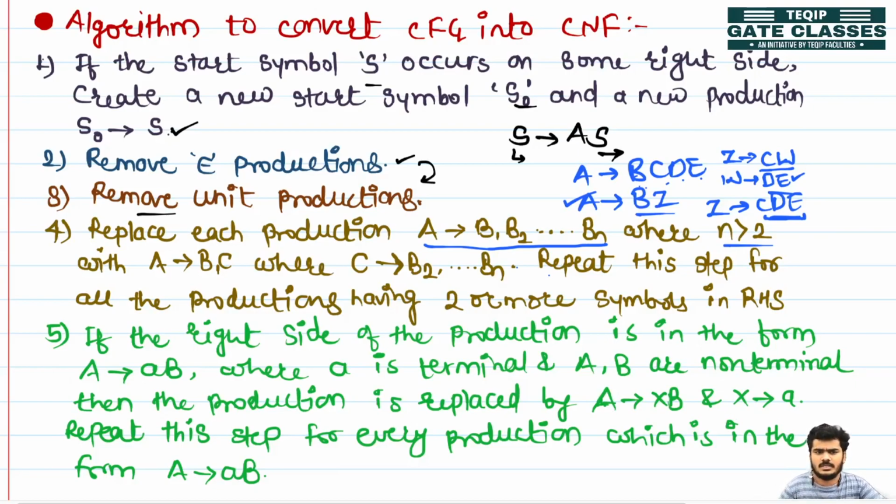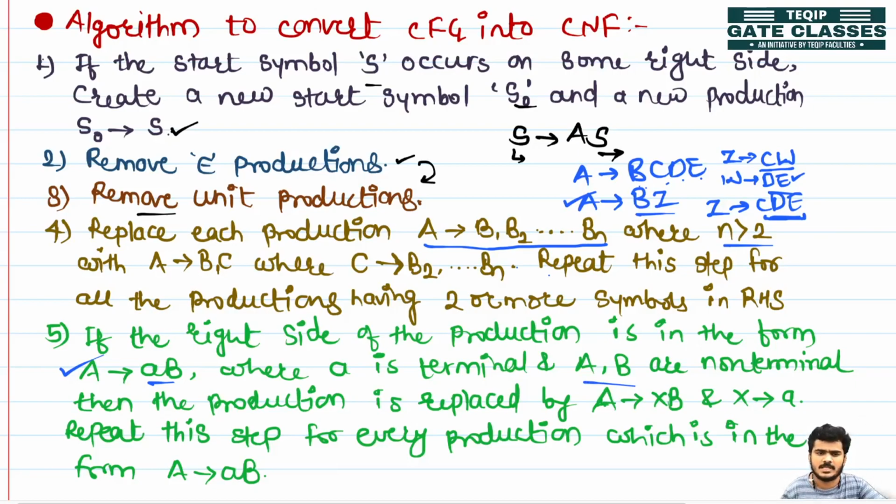The next final step says that if a production is of the form A produces a B, where a is a terminal and B is a non-terminal, because we have assumed that small letters are terminals and capital letters are non-terminals, then the production is replaced.